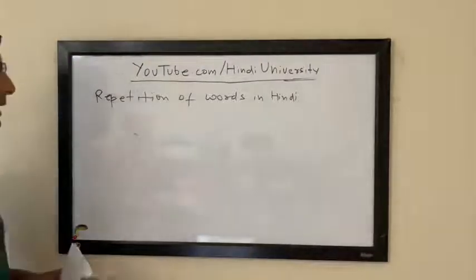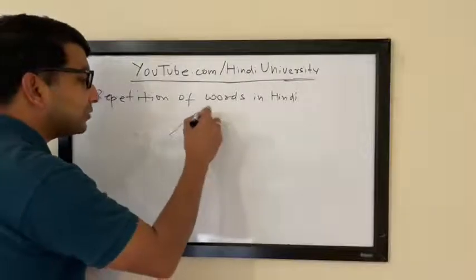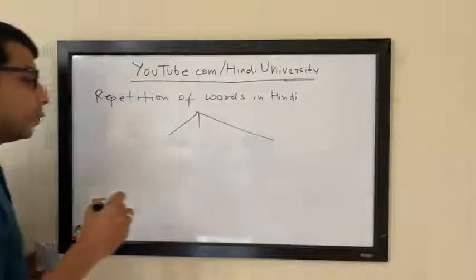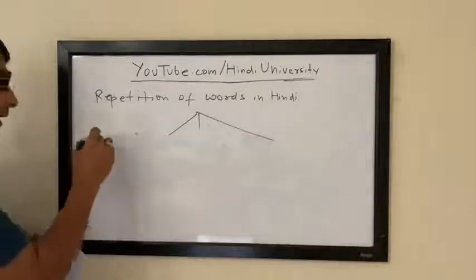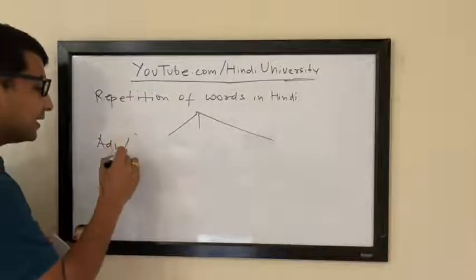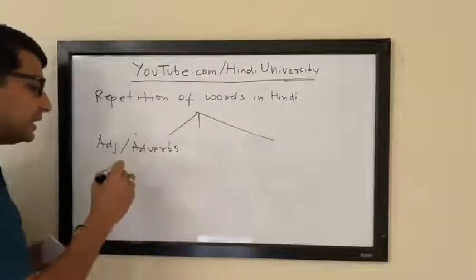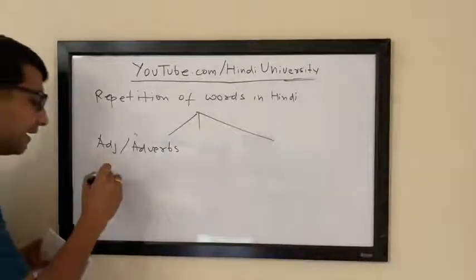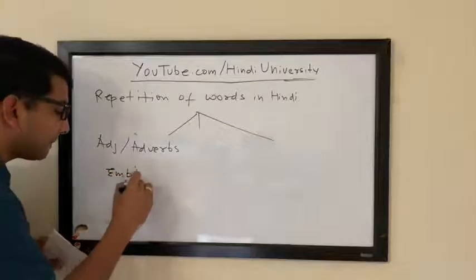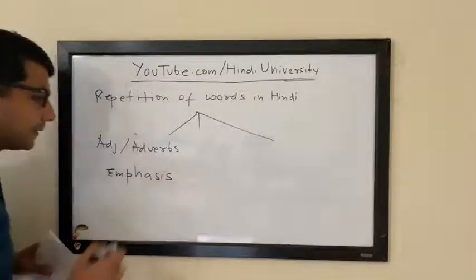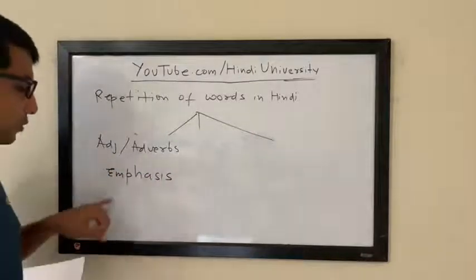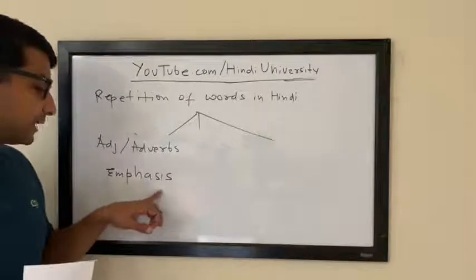Typically I would categorize them into three different sections. One is when these adjectives and adverbs are used repeatedly, it indicates emphasis. We'll cover a good number of adjectives and adverbs and their use cases.